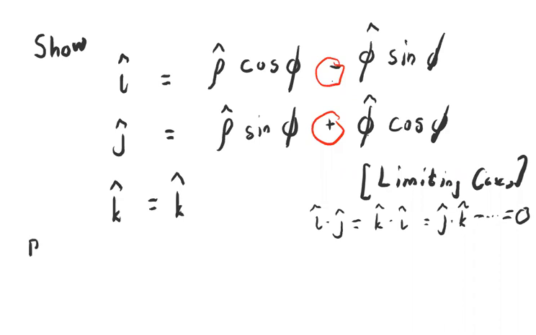Finally, before we leave our discussion of unit vectors for cylindrical polar coordinates, let's go back and look at the position vector. I'll do that on another slide.